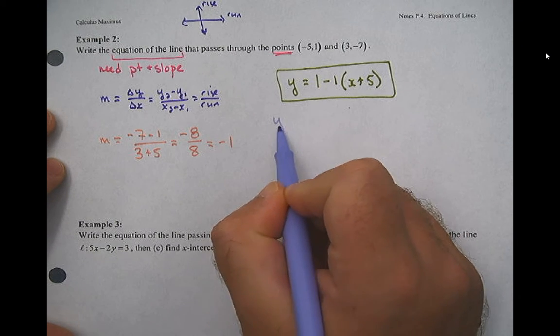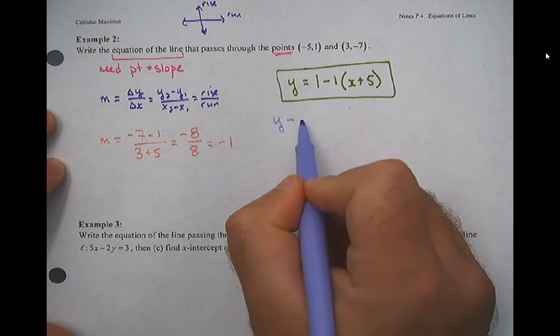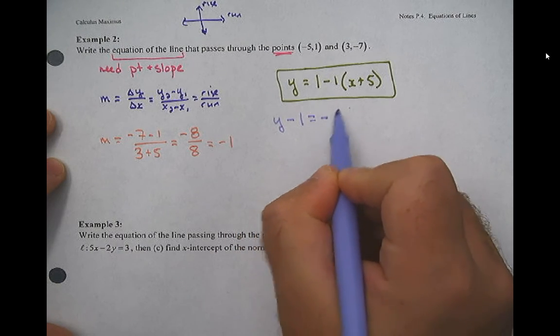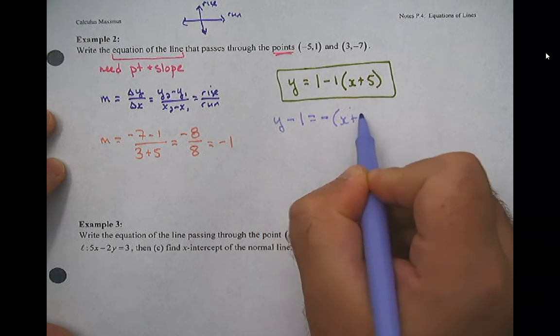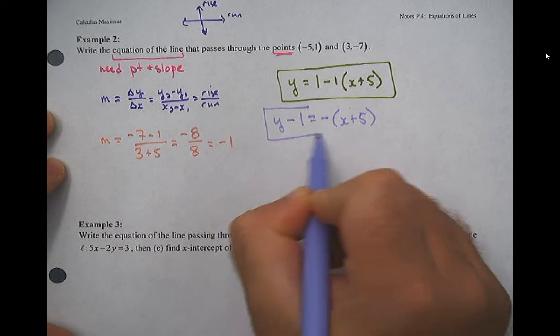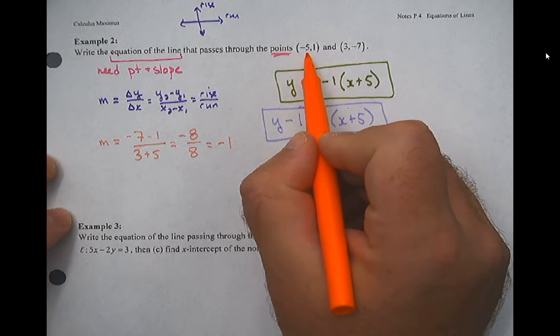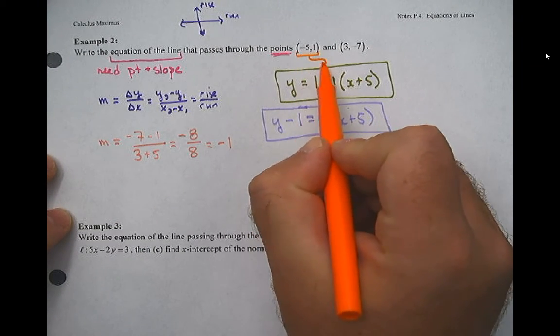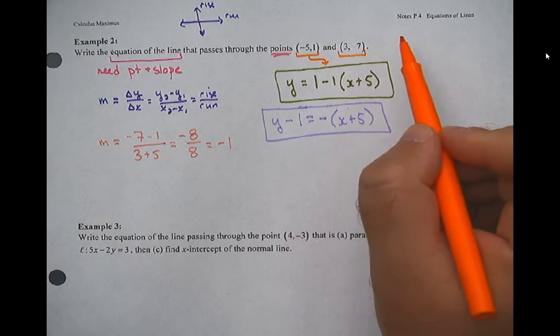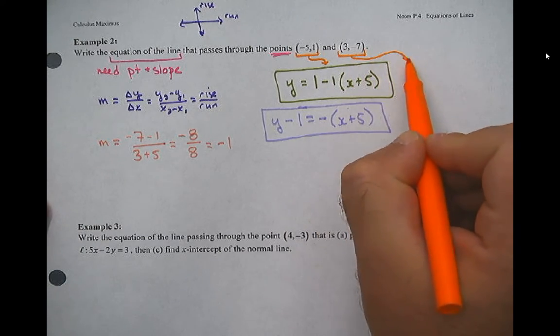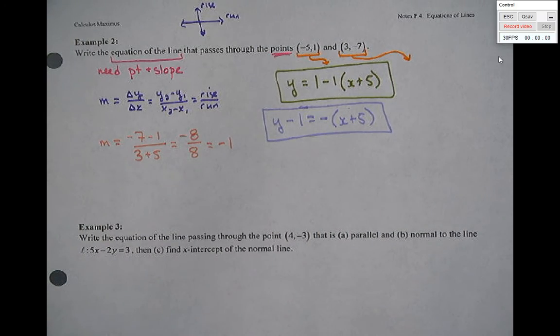What would it look like in point-slope form? Y minus y equals slope times x minus x. There's another okay form. And then we could have done all of this with the other point. So that was with this point. We could have also done this using this point.